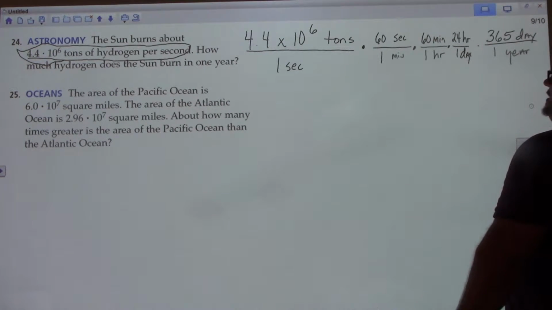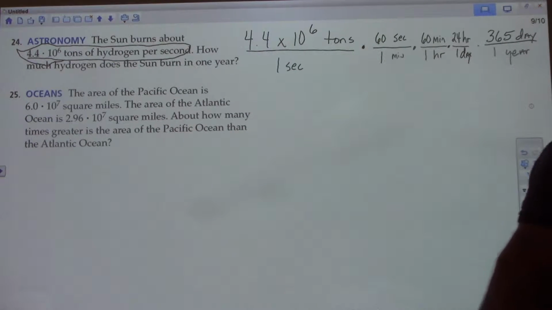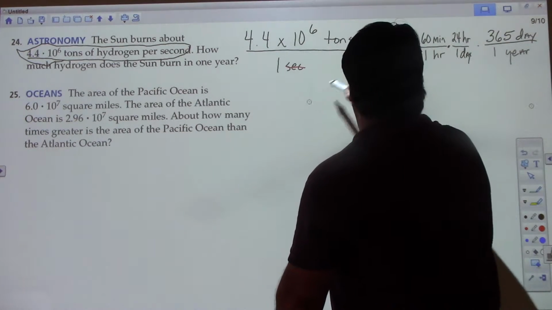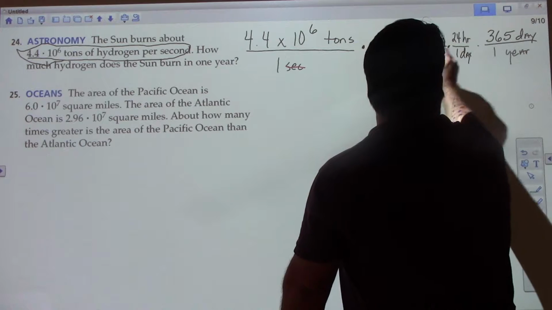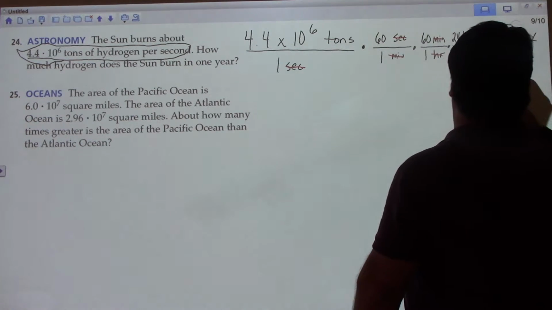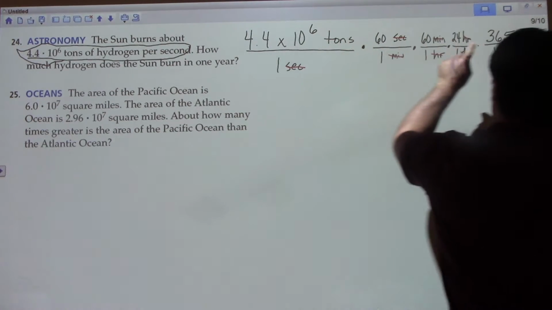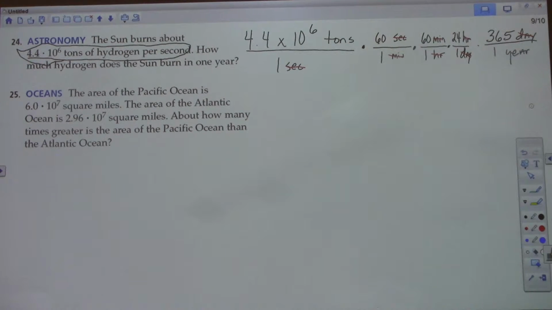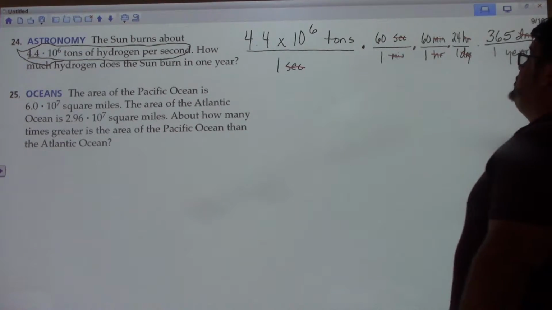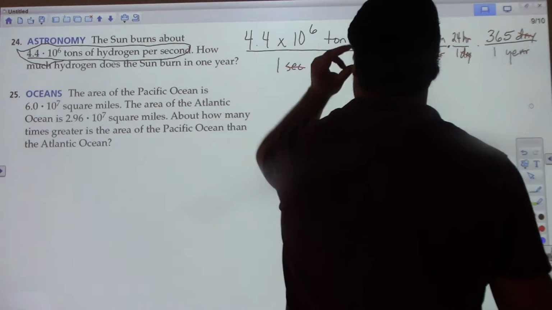Now let's see what cancels. Seconds cancel. Minutes cancel. Hours cancel. And days cancel. And you're left with tons per what? Per year. So let's see if we can change some of the stuff.